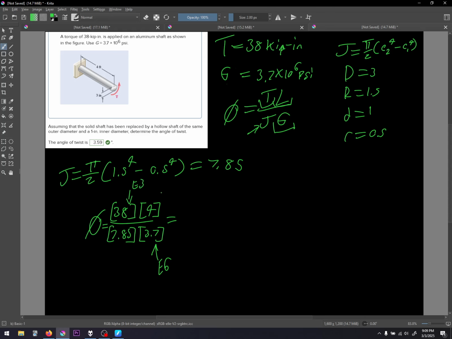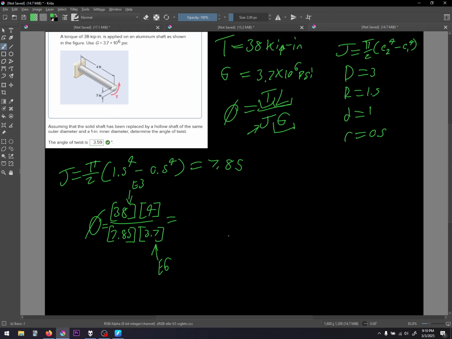So here we're going to have 38 e to the 3rd times 4. And then we're going to have our 7.8539, and that's fine. And then we're going to have 3.7 e to the 6th.